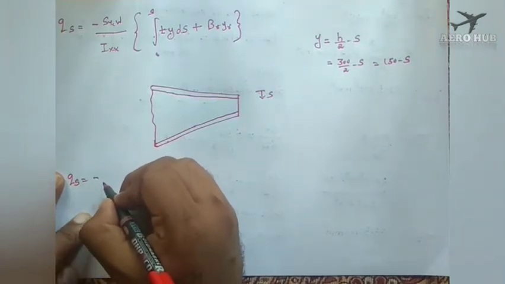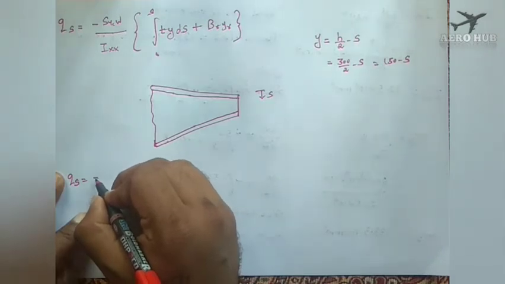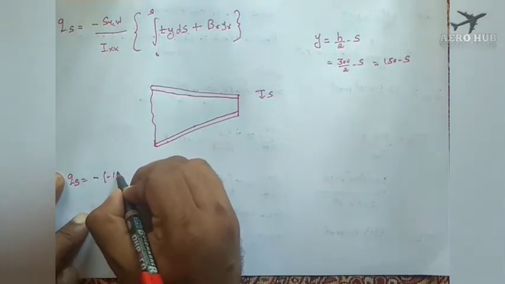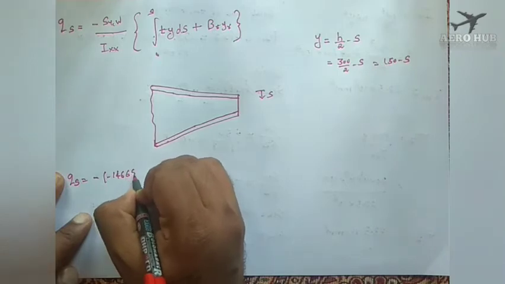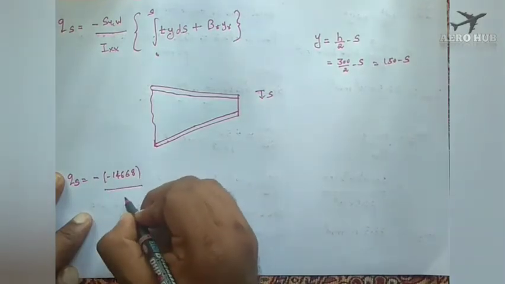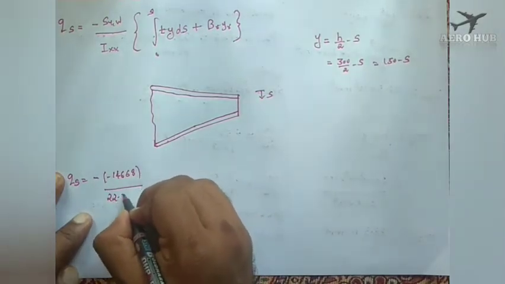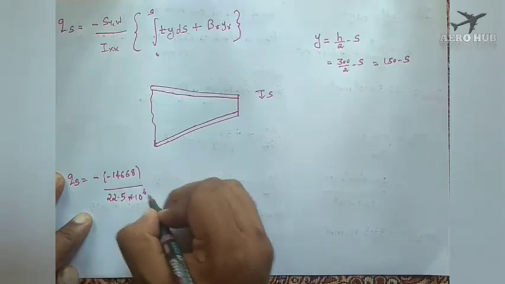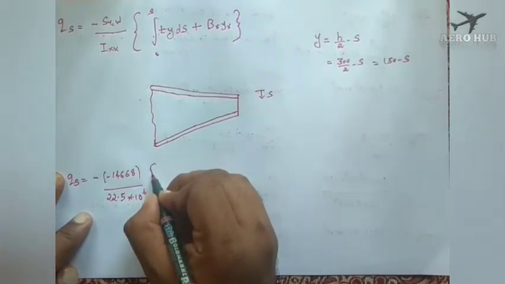Sy,W we calculated, that will be minus of minus 14668 divided by Ixx, which is 22.5 into 10 power 6. This we calculated in the previous steps.